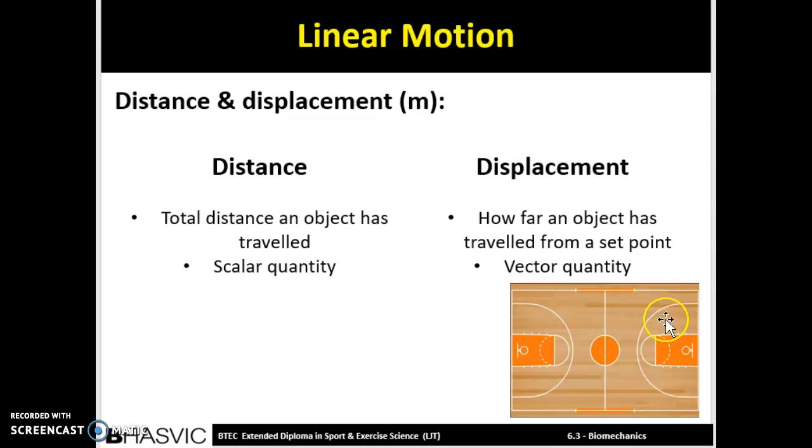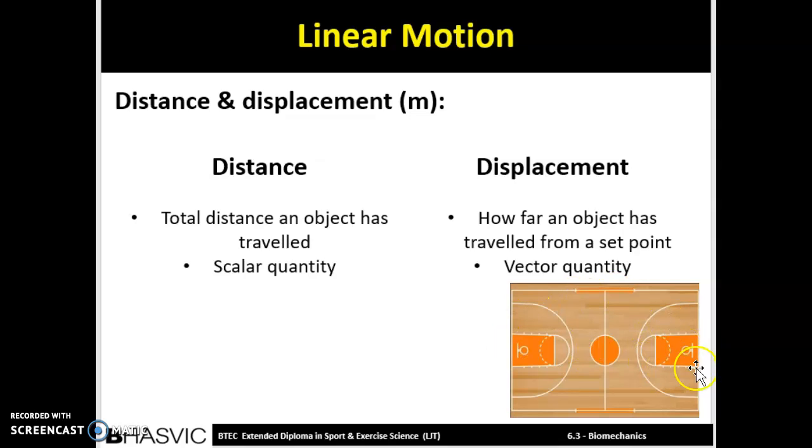So their distance would be quite great compared to their displacement, which is how far an object has travelled from a set point. So say if a set point was in the centre here, the max displacement they could have would be on the other end of the court.